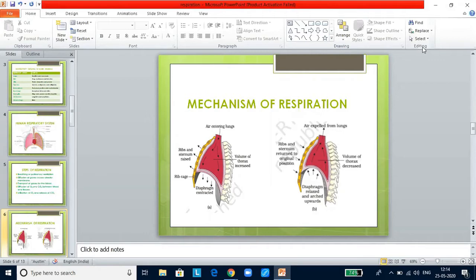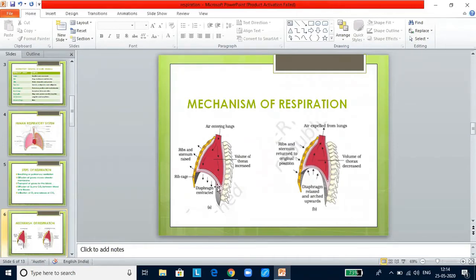At the same time, the diaphragm contracts and flattens. These movements increase the volume and therefore lower the pressure in the thorax. So you know, when the volume increases, pressure decreases. As the pressure in the lungs falls below that of the atmosphere, air is pushed into the lungs to equalize the pressure. Abdominal muscles relax and allow compression of abdominal organs by the diaphragm.